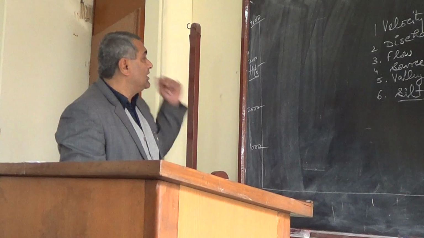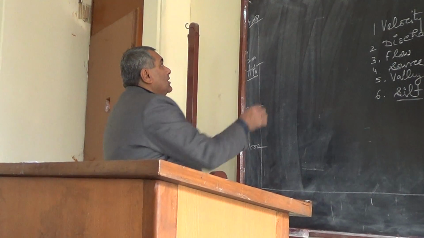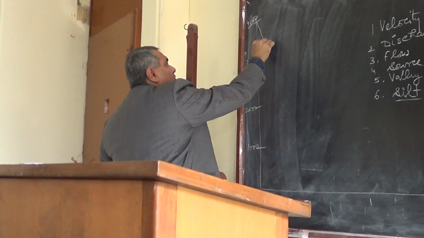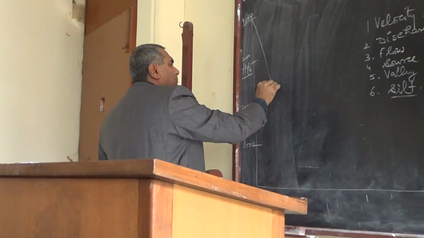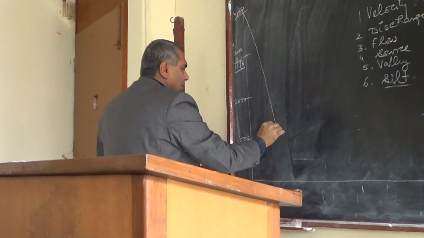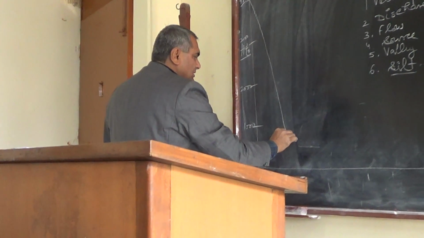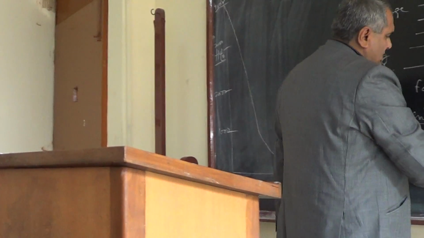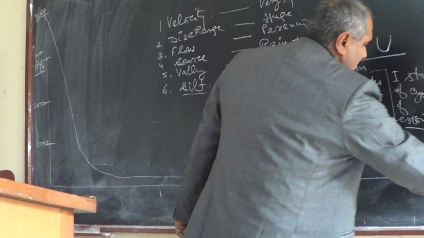So the Himalayan rivers originate almost at a height of 4000 and they rapidly decline in height and come to this level, and for a short distance and then a long distance they move like this.